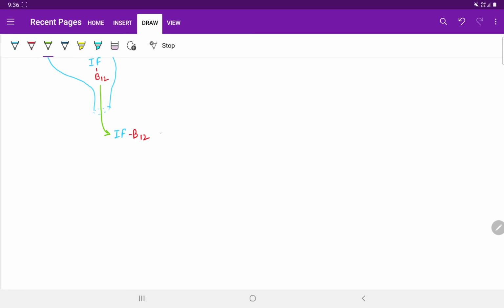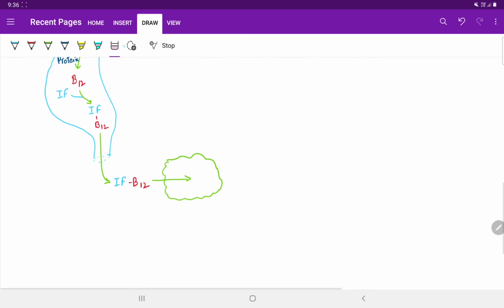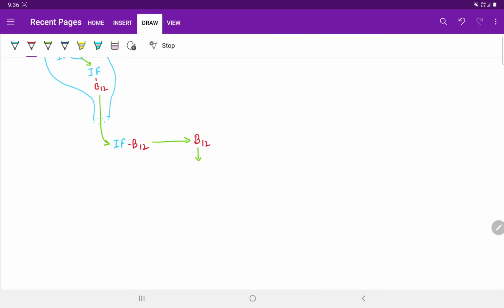Now they enter the mucosal cells of the intestine. So inside the mucosal cells, the vitamin B12 is separated out, which is further attached with the methyl group, and methylcobalamin is formed.